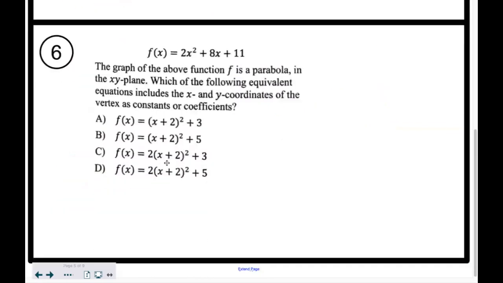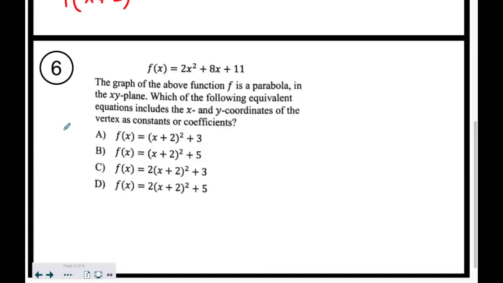All right, 6 is an equivalent expression, or actually, this is an equivalent equation, but they'll still include it in equivalent expressions. And it's related to, I guess it was 2 weeks ago, or was it last week we did quadratics? Last week or the week before. So whenever we did quadratics, there were multiple forms that we talked about.